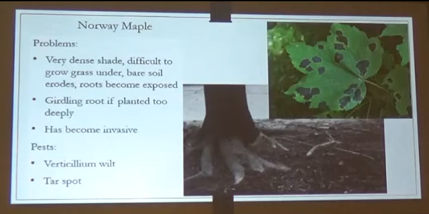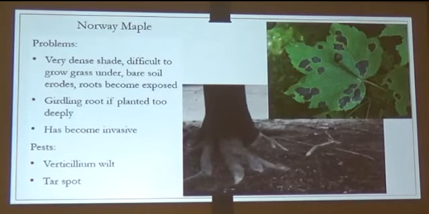And a lot of times the girdling roots will be visible above the surface of the soil. If it's not visible above the surface, you know it's there because the tree is going straight down into the ground. They're very sensitive to being planted too deep, and that's what they do when they're planted too deep. But even in a natural setting, they can still form girdling roots.